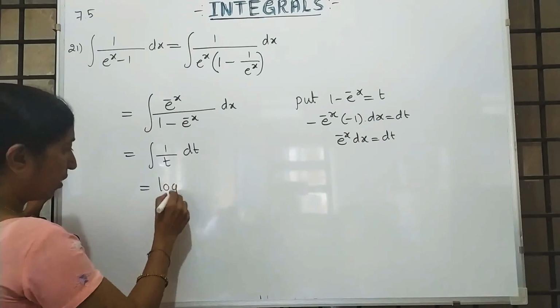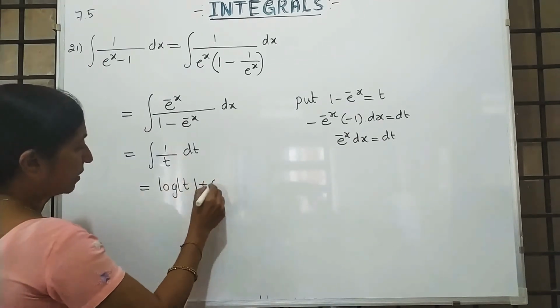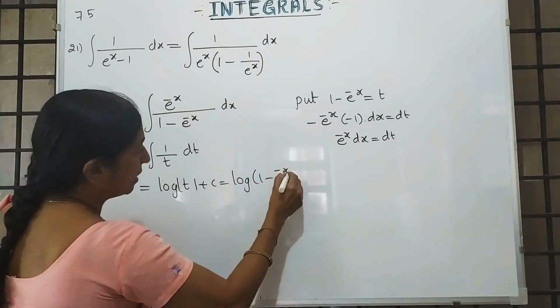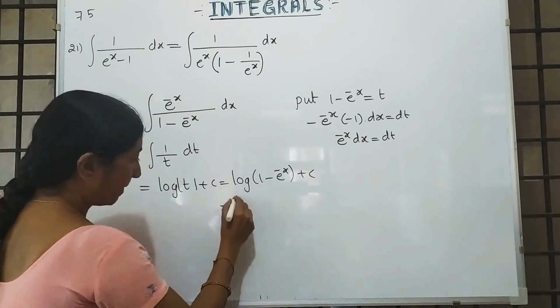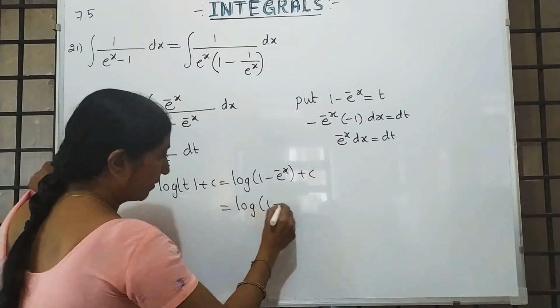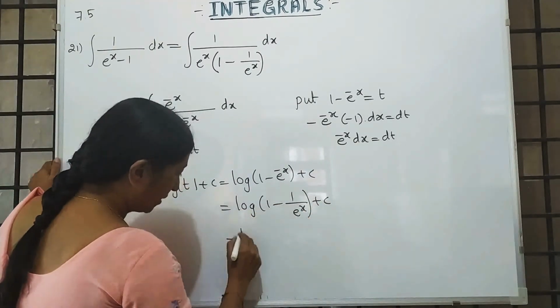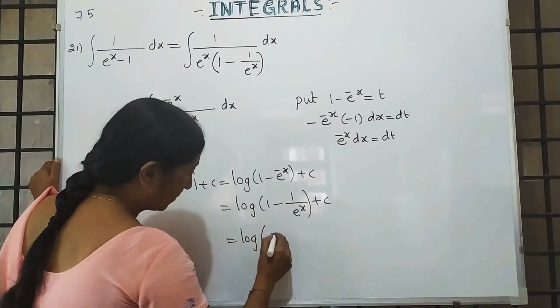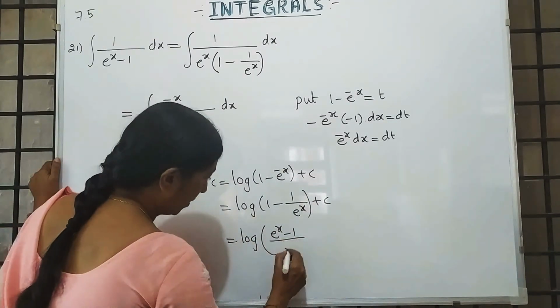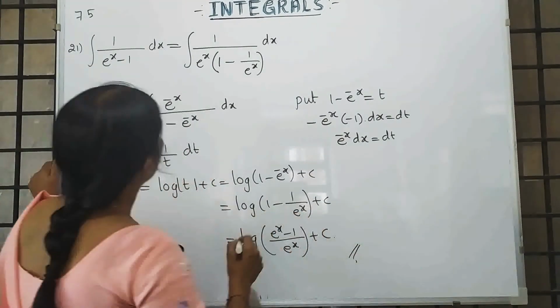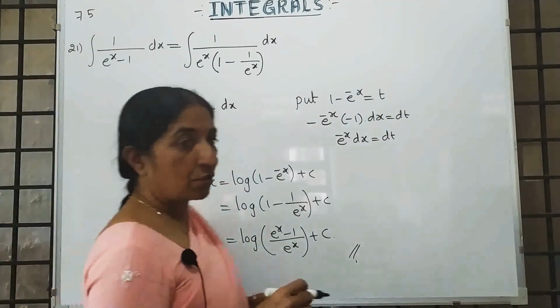This is log t plus c. But what is the t value? t is 1 minus e raised to minus x. e raised to minus x will be 1 upon e raised to x. Take the LCM, you will get the required answer: log of e raised to x minus 1 upon e raised to x plus c. Moving to the next example, that is question number 22.